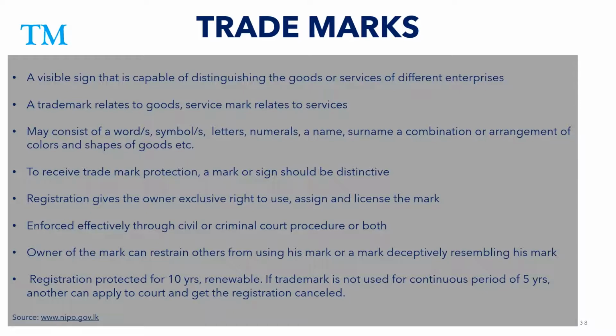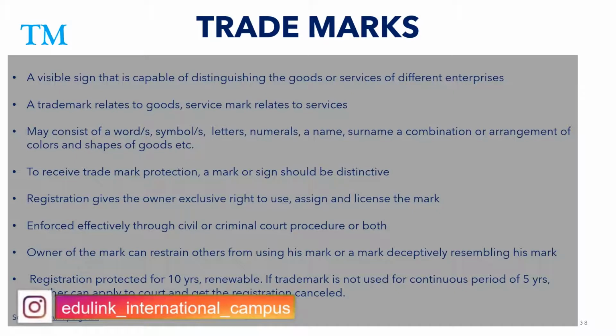So when you register, what is the period of protection that you get? What's important to remember is that for each of the 4 intellectual properties we are talking about, the registration gives you various coverage periods. For trademark, you are protected for 10 years and it is renewable, so you can renew again for another 10 years.